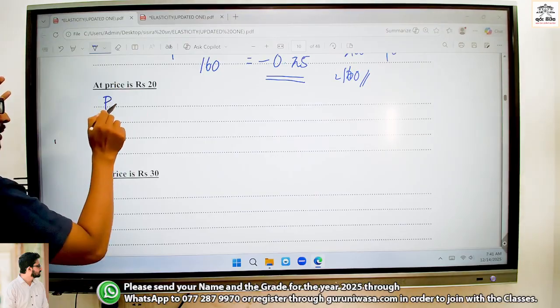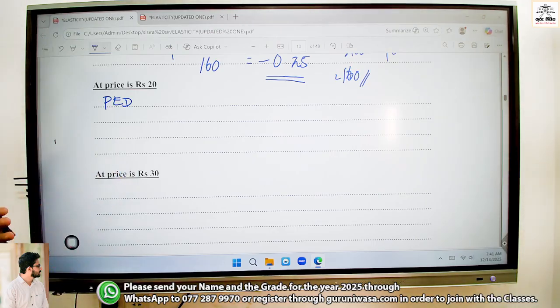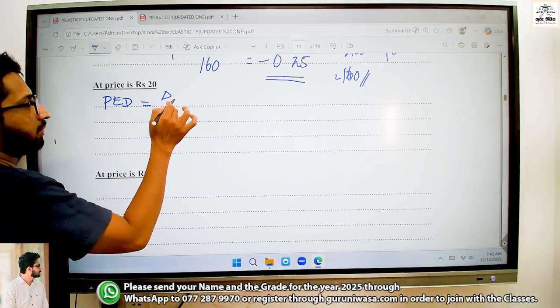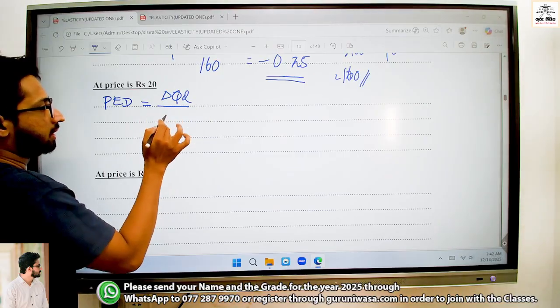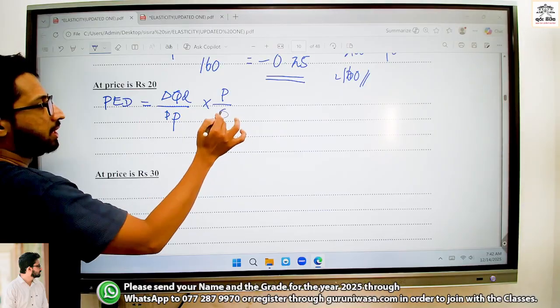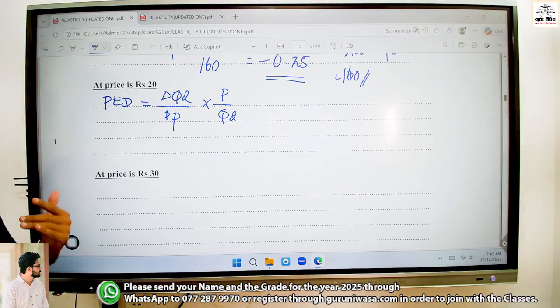If you want to calculate price elasticity of demand at a particular point or at a particular price, this is the equation you need to use. PED equals delta QD over delta P into P over QD. Here you don't have values for delta QD and delta P, but you are given the value of slope.